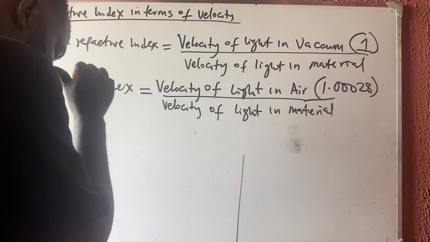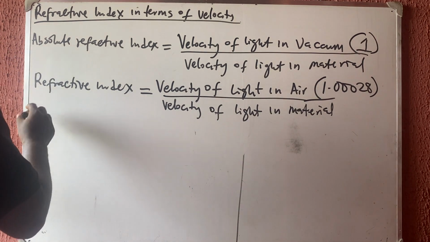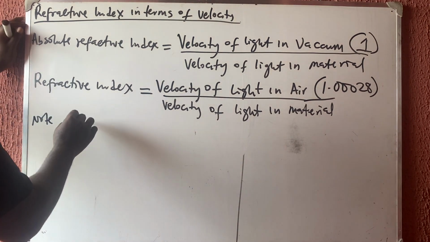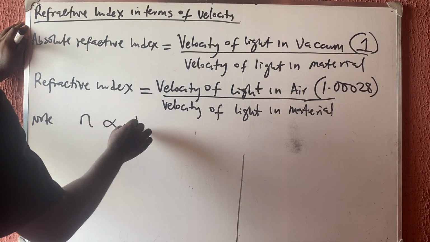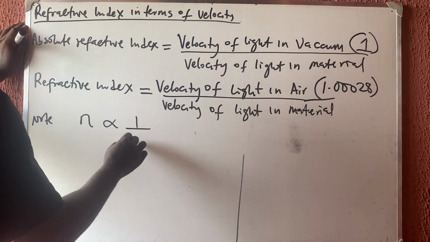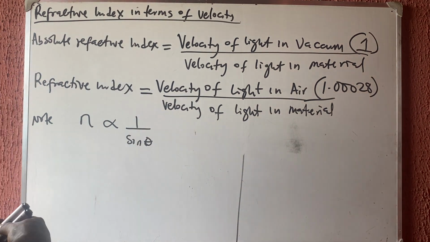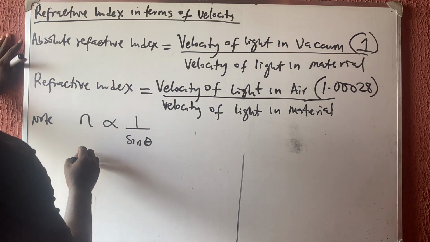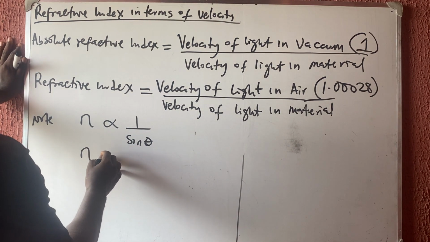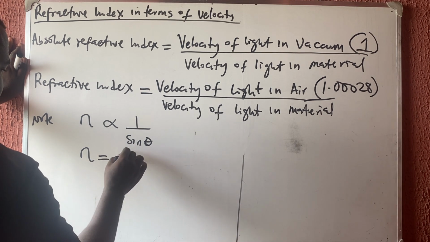Since you have known this, another thing to note, very very important: refractive index is inversely proportional to the sine of the angle it makes. Now if we remove the proportionality sign, refractive index is equal to K over sine theta, where K is the proportionality constant.